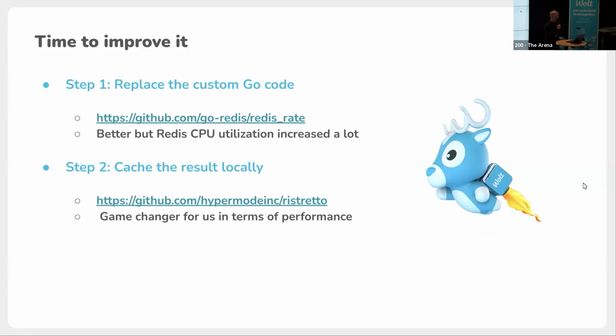But a little bit more about Ristretto. It was helpful for us because Ristretto also supports TTL keys, time to live keys. So when we got the results from the Redis rate library, it also contained how long it takes for the leaky bucket to empty entirely.